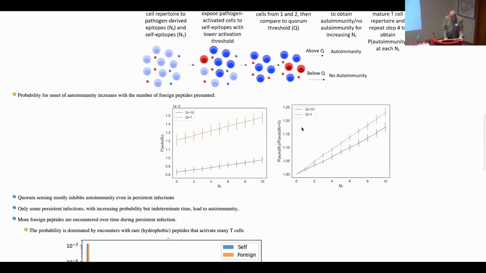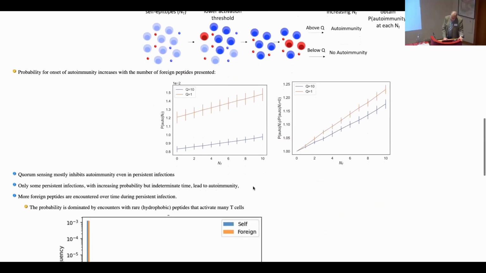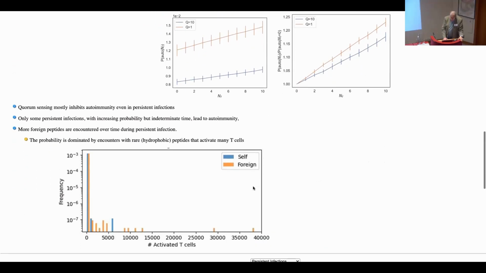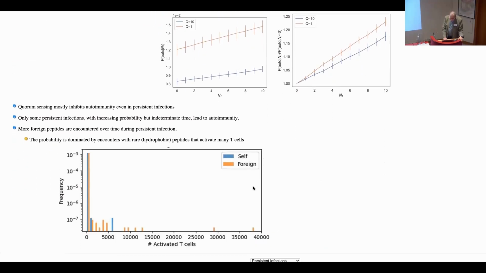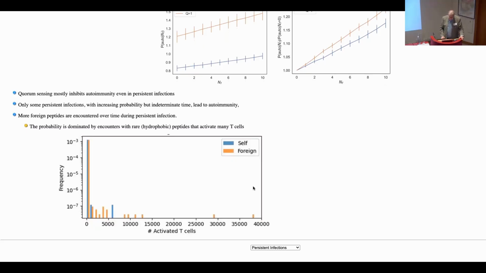And what we find, not surprisingly, is that as you keep going through this process, you will have more and more chances of these cross-reactive T cells activating against self-peptides, and increasing the number that is required to reach quorum. So this connection has some experimental support, and in the model it shows up, and we have suggested this as a possibility to be tested.